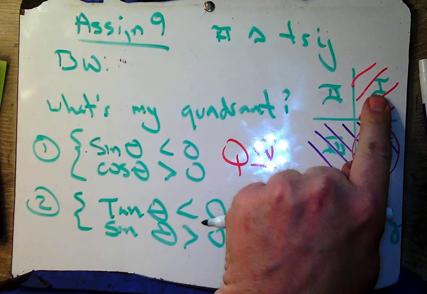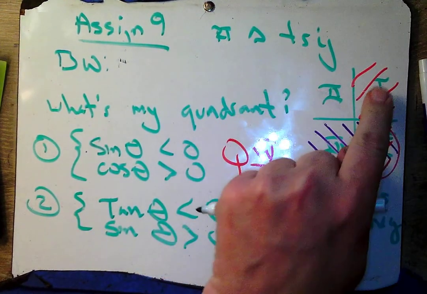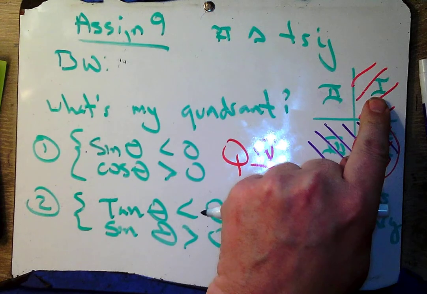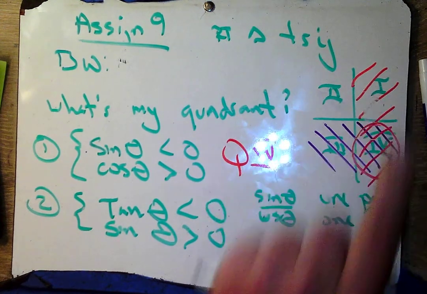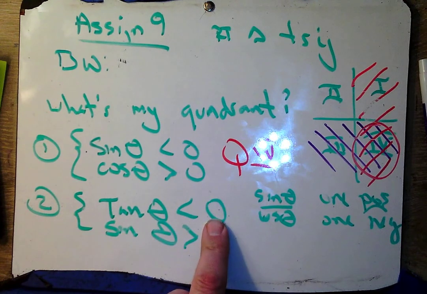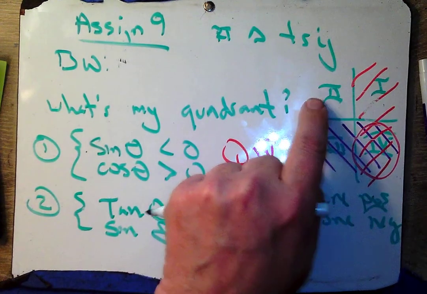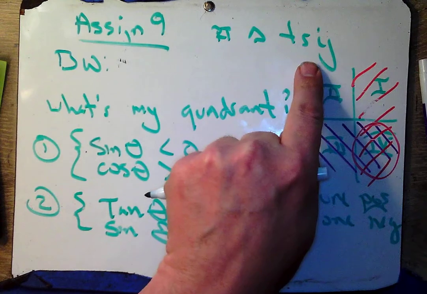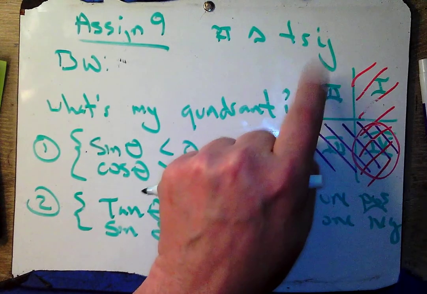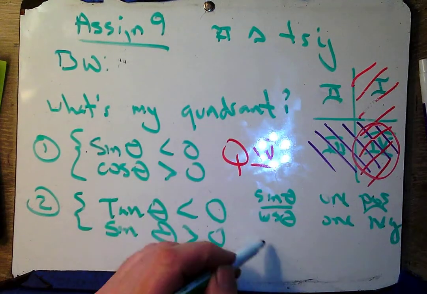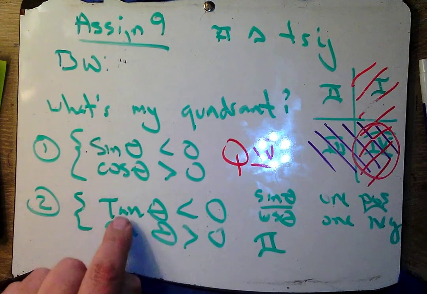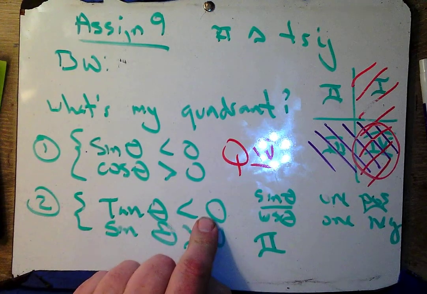Well, here I notice that the x and y are both positive. So positive divided by positive is positive. No, we're looking for tangent to be negative. Here, the x's are negative, but the y's are positive. What about quadrant 2? That's a good choice. So quadrant 2, and where else is tangent negative?